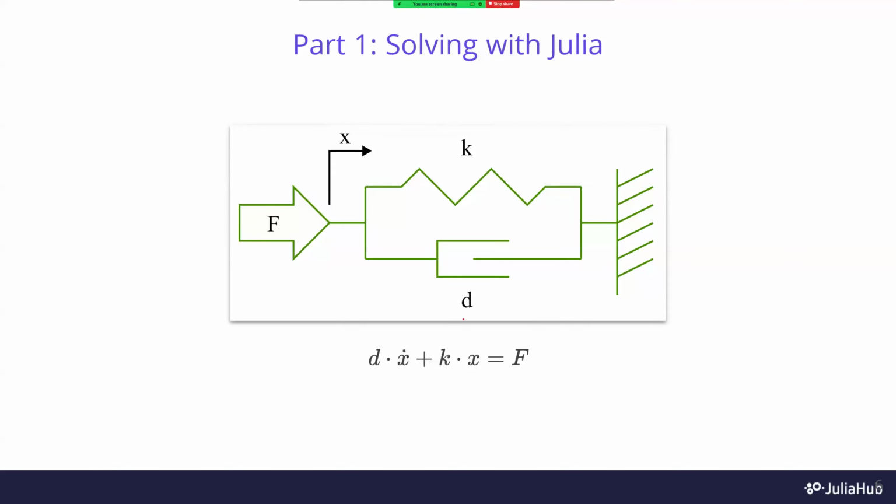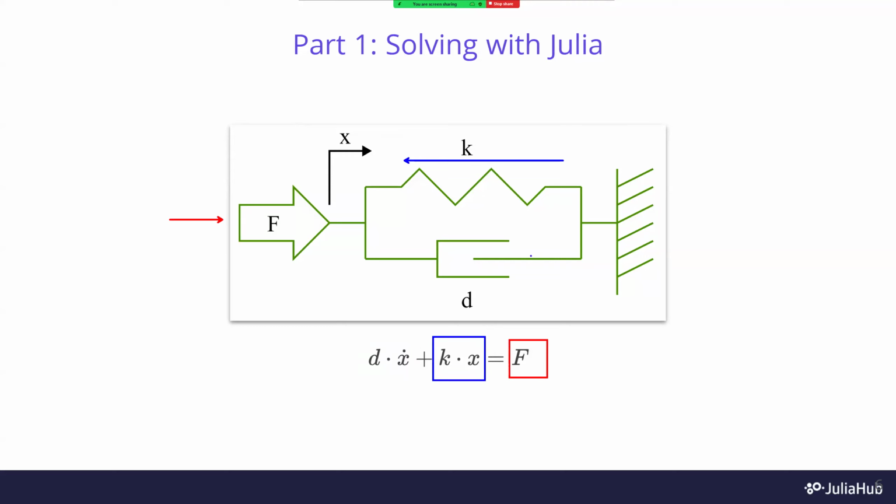We represent this entire system with this governing equation: D times x dot plus k times x is equal to F. F is simply the force. I'll cover this one first: k times x is the force that the spring exerts against the force.